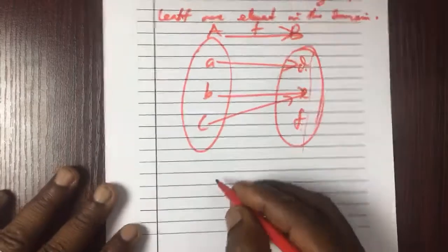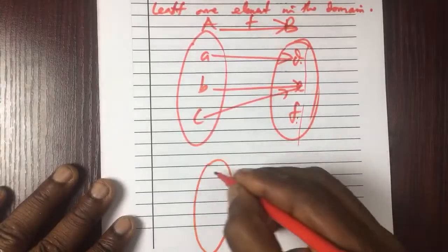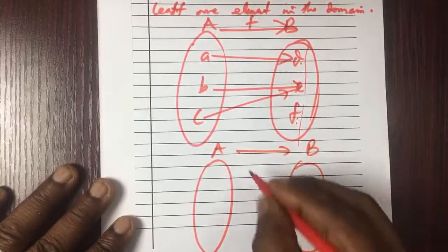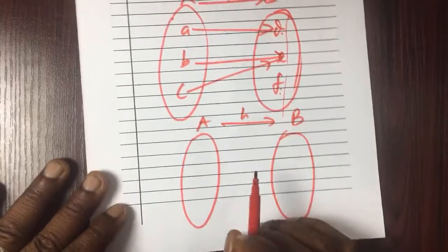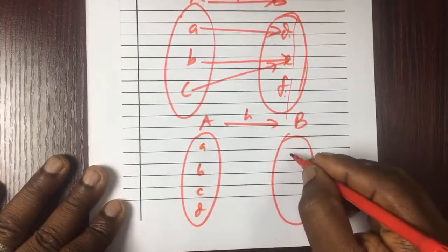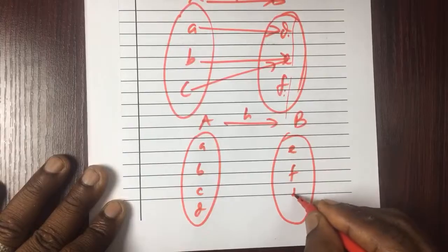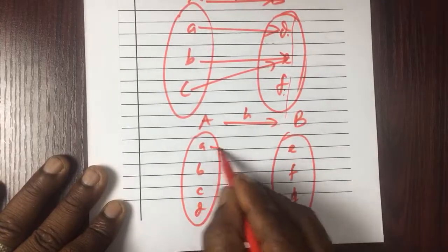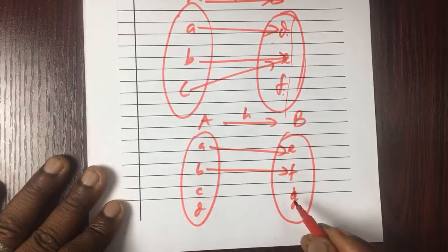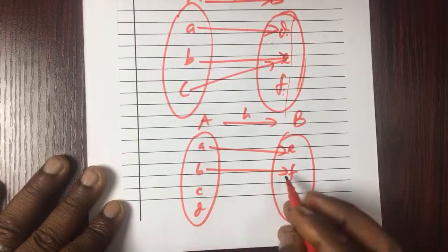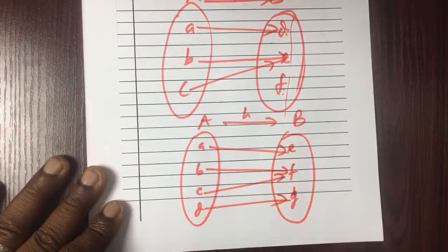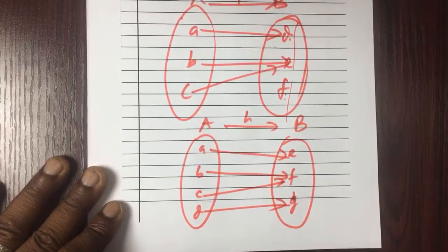So let's give an example of an onto mapping. Let's assume that we have H, with A, B, C, and D, and let's have E, F, G. If I have E assigned to A, F assigned to B, and F also assigned to C, and so on, this mapping is an onto mapping. Why?